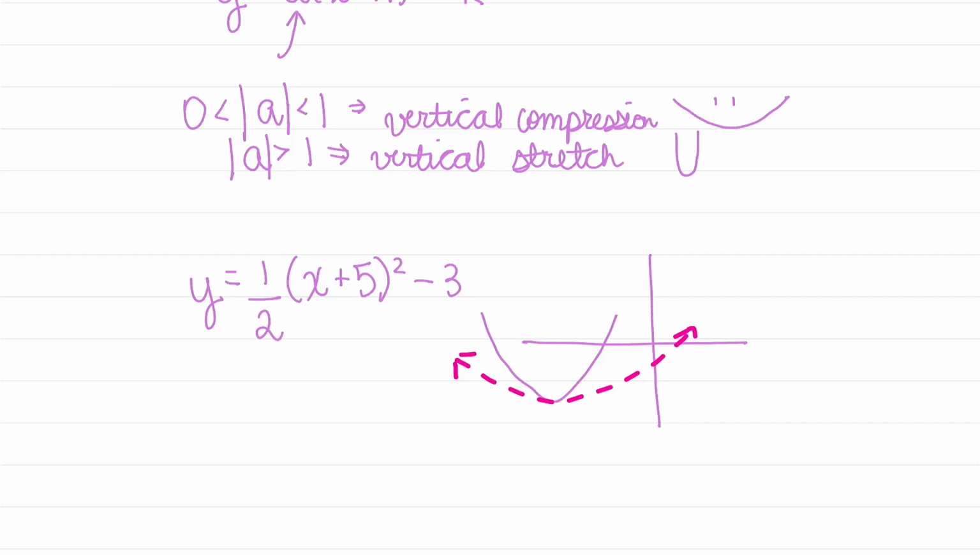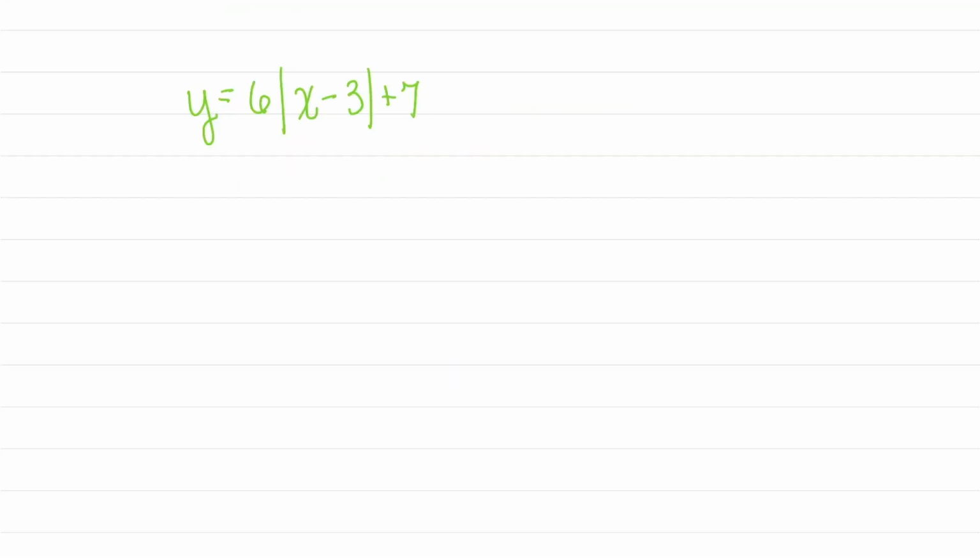Now let's look at a stretch example. Here we have y equals 6 times the absolute value of x minus 3 plus 7. We have this 6 outside of our grouping symbols here, which means that this graph is going to be stretched 6 times as fast as it would be. So let's look at what our graph would look like here.